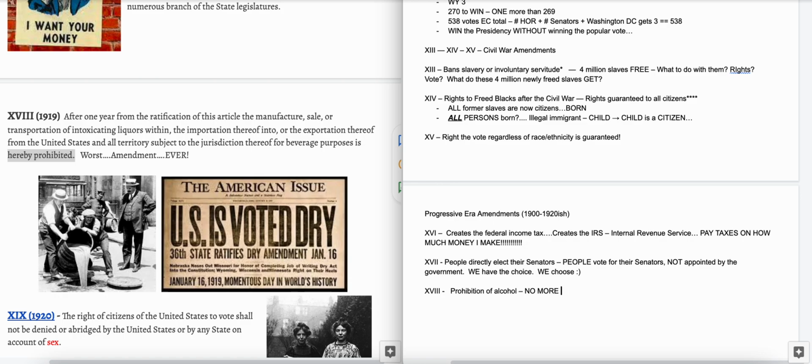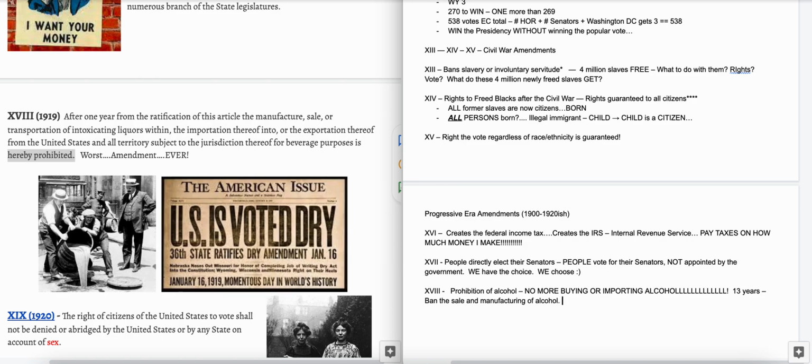No more buying or importing alcohol. Prohibition was a 13-year experiment where people morally had a conscience. They thought, we need to ban the sale and manufacturing of alcohol.